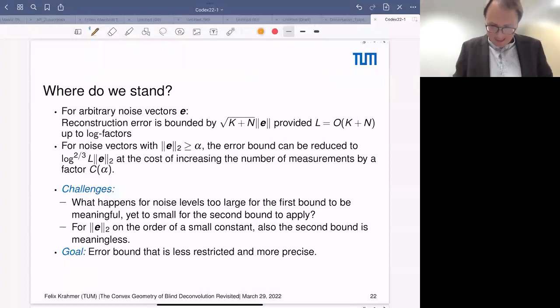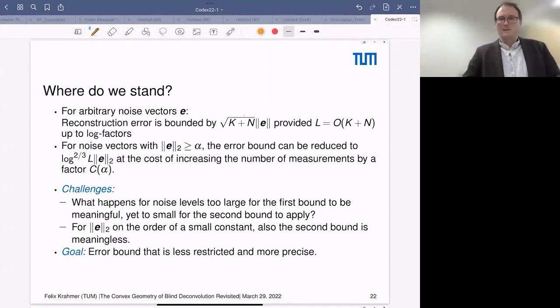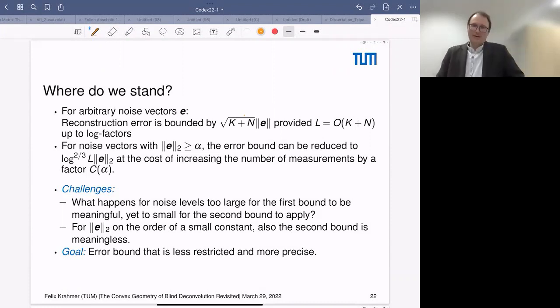So what we now want to look at is what happens. We want an error bound that is, let me recall where we were. We had some bounds, and if we have some small constant as our noise level, then the first bound would give you a dimensional factor that scales like the square root of the dimension, and the second would give you a noise level that scales like a logarithmic factor of the dimension.